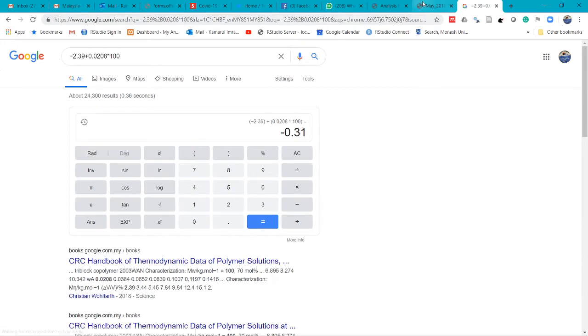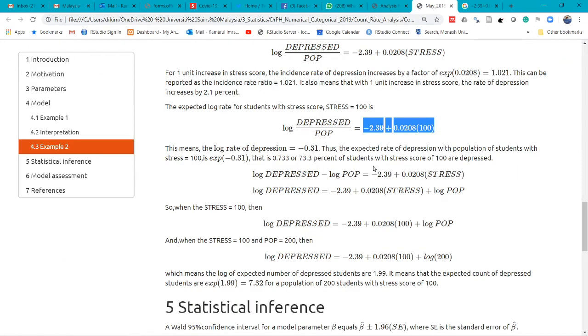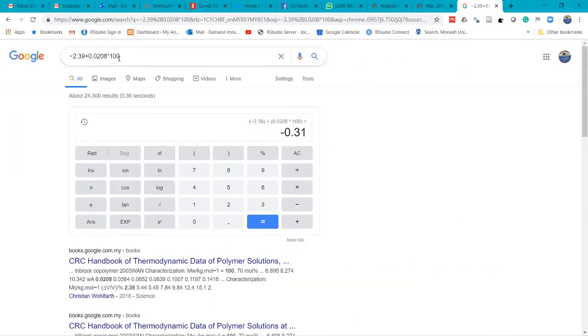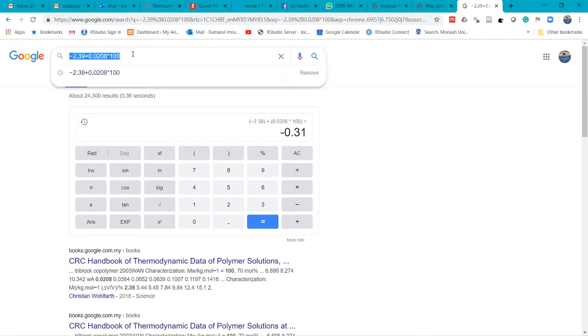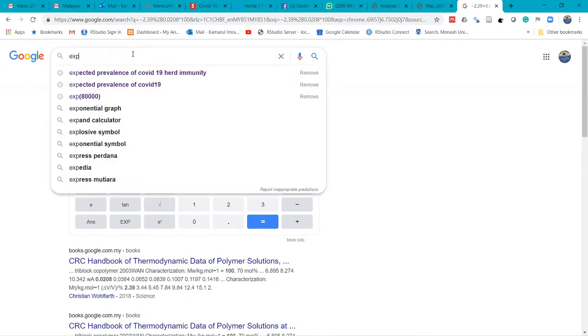So you get minus 0.31. So the log rate is minus 0.31, and we exponentiate this one.